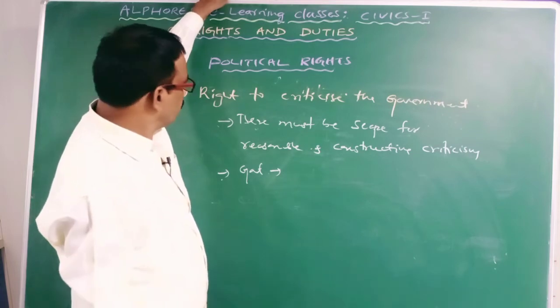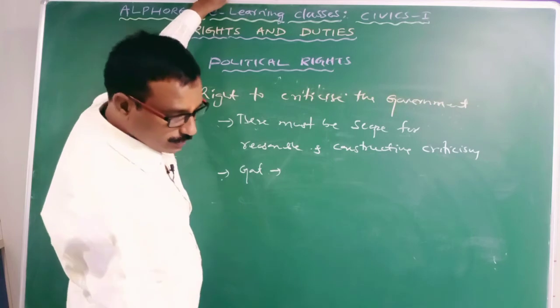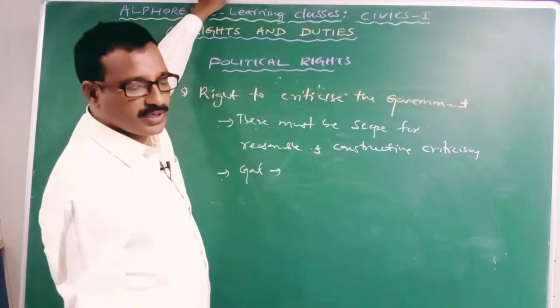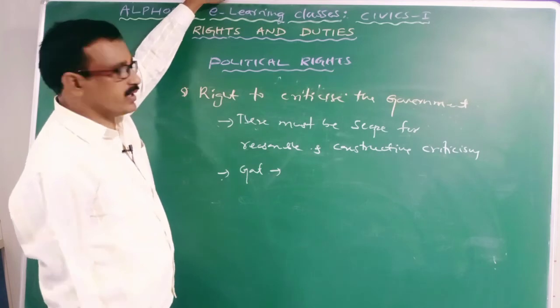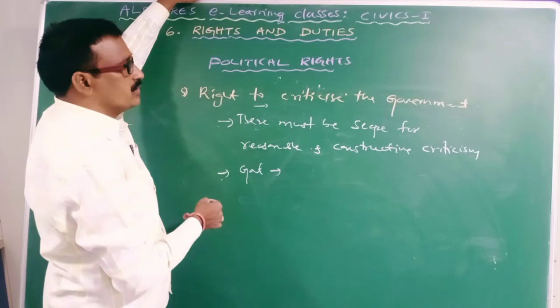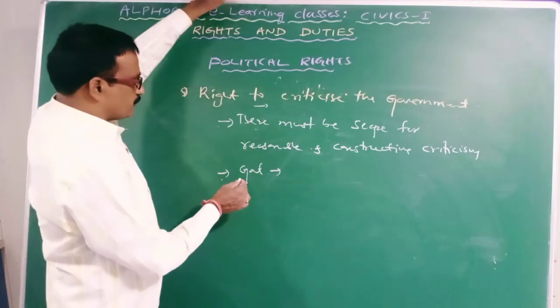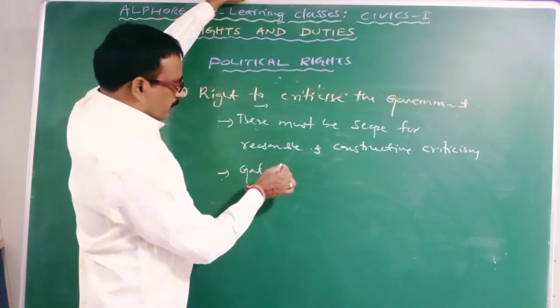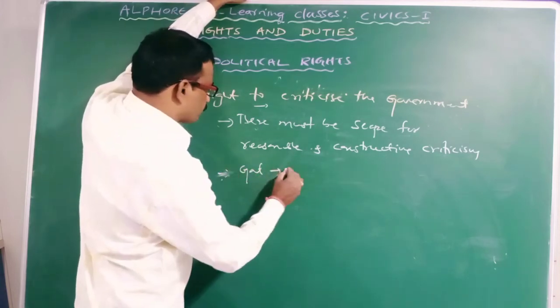When there is a right to criticize the government, only then will the government vigilantly discharge its duties. If the people have the right to criticize the government, what will happen? Number one, the government can perform its duties vigilantly.